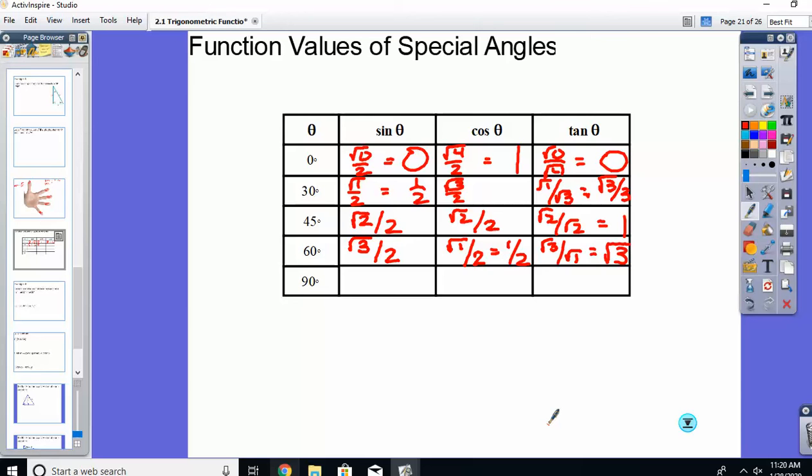So if you fold in your pinky, so sine would be square root of 4 over 2, so 2 over 2 is 1. Cosine, we have no fingers below, so square root of 0 over 2, which is 0. Tangent would be radical 4 over radical 0, which is undefined.